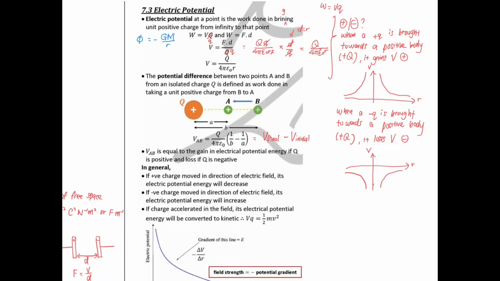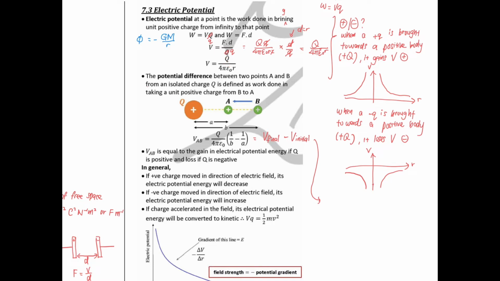So let's take a look. V final, I bring it down here. Initially it stays at B, and then finally it goes to A, from B to A. When it's at B, we use this formula.